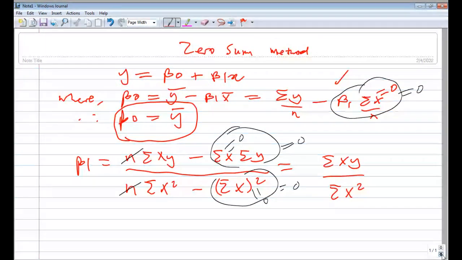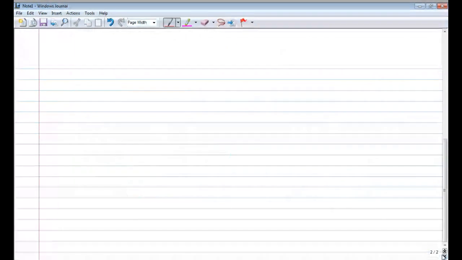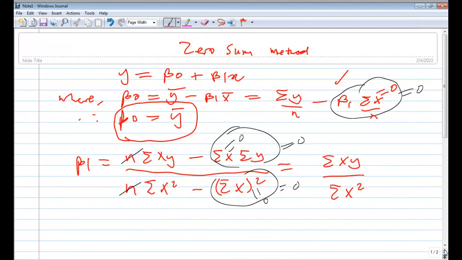So let me just go to page number 2. Or maybe, because these ones, you have them, so I can just erase them, then I start afresh. That's chapter 2.